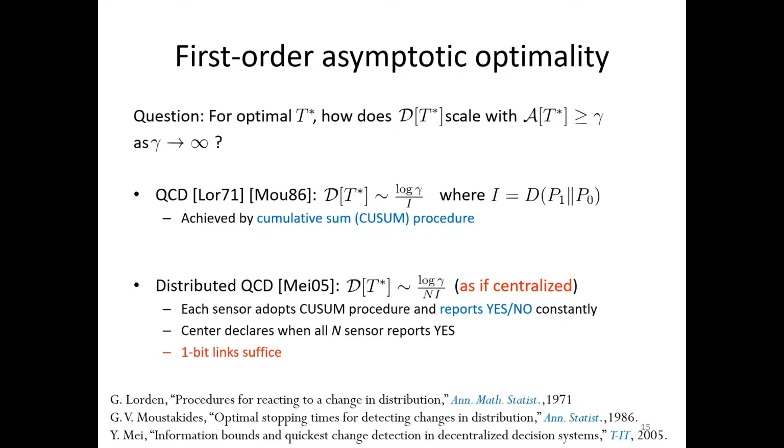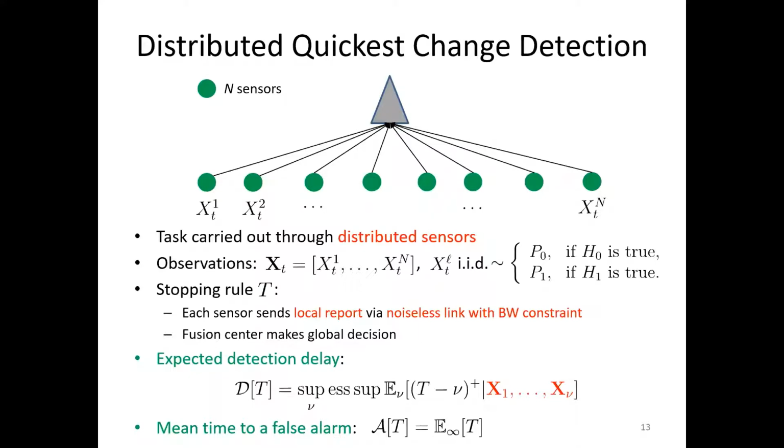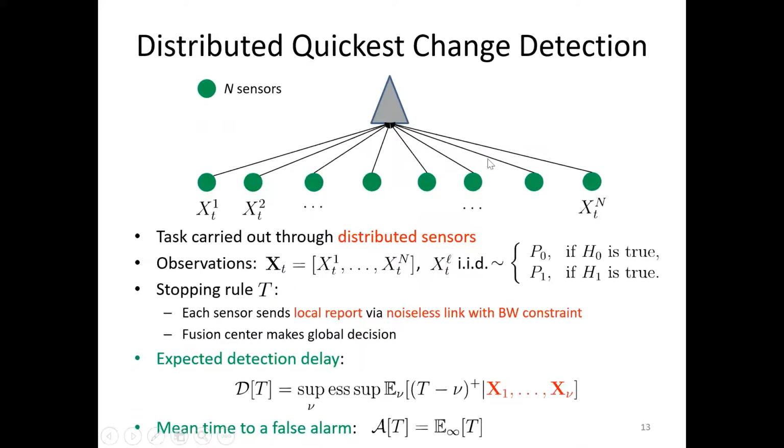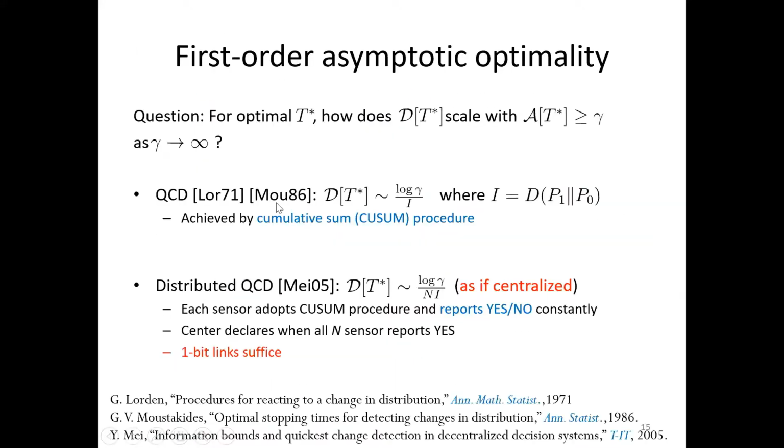For the distributed QCD, there's a paper by Mei in 2005. He shows that the optimum scaling is log gamma divided by N times I, where N is the number of sensors here. You can see that this is as if the problem is completely centralized.